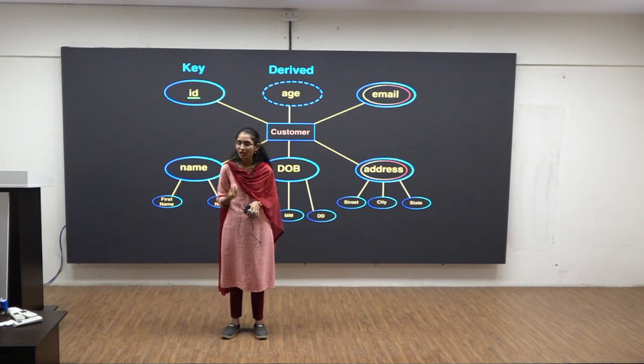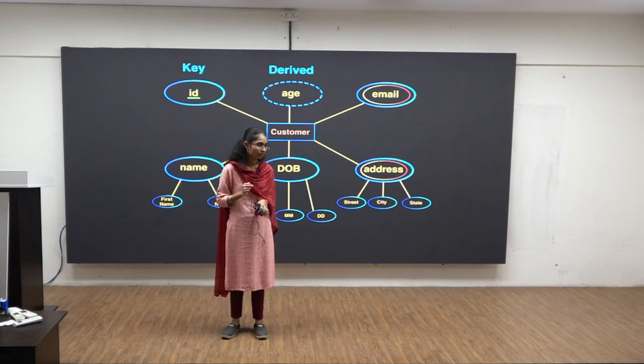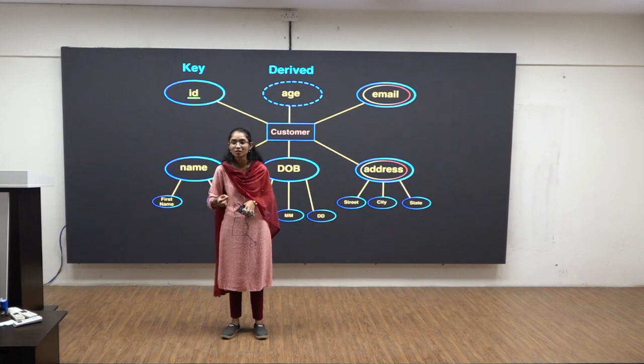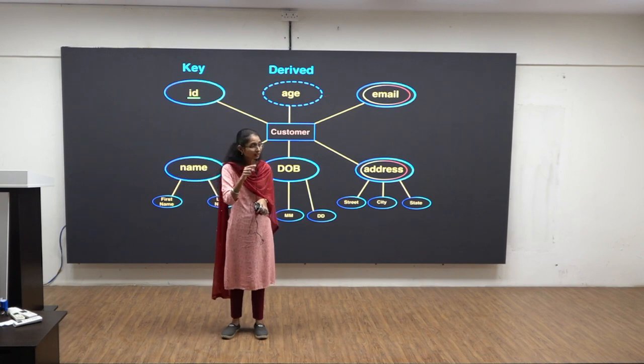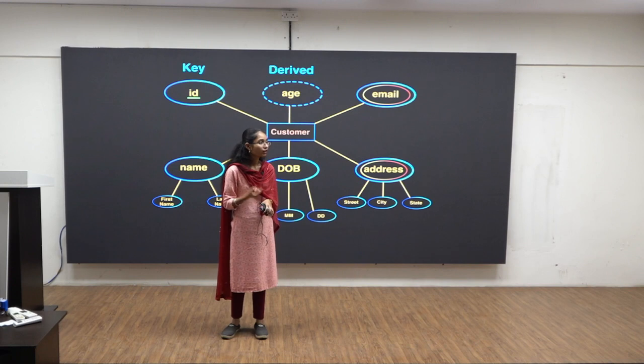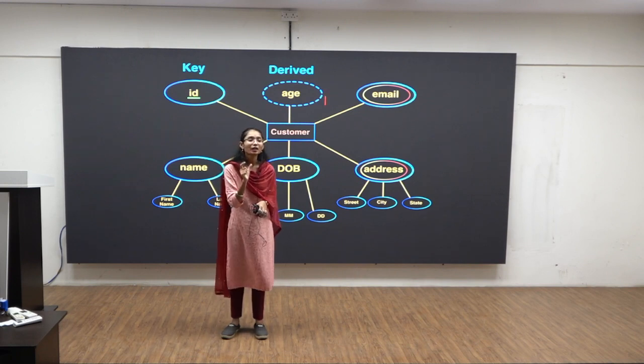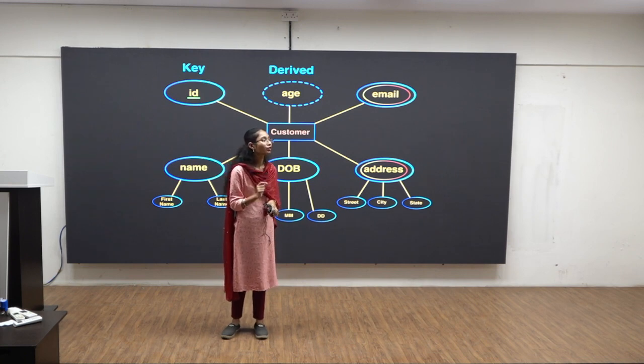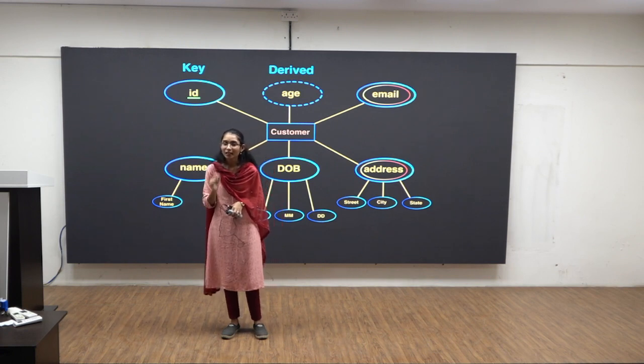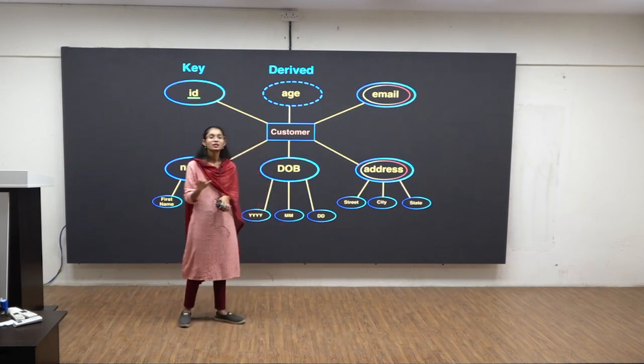Suppose a parent comes to make an admission for their 2 or 3 children and they don't have an email ID. Don't you think the parent's email ID will be given for all the 3 or 4 children? So can we tell that uniqueness will be maintained? No. An attribute which is completely unique, only that you have to tell as a key attribute. So that is why I am not considering email as a key attribute.